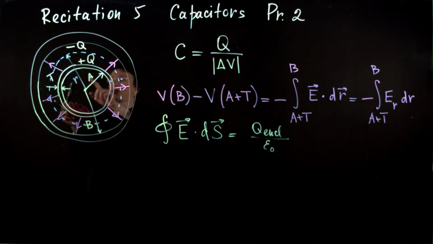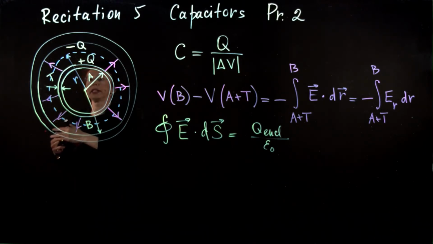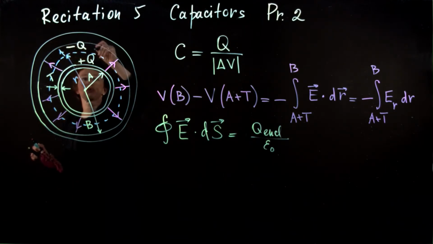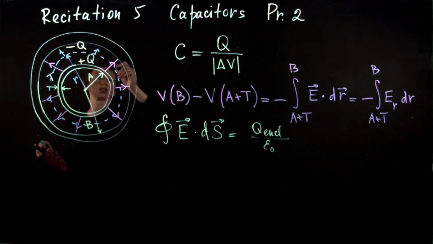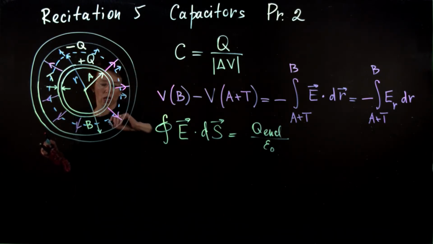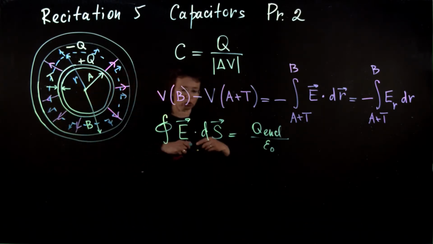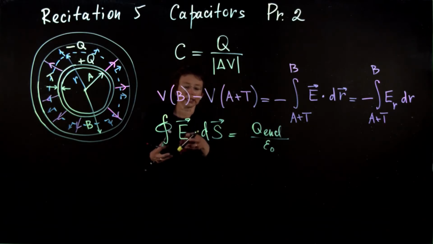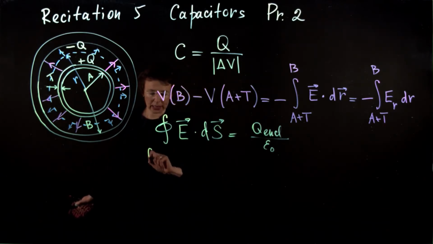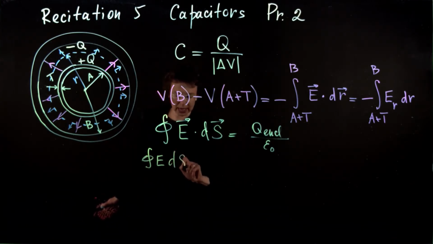The electric field is radially out, and the area vector for this Gaussian surface is also radially out. So the electric field is in the same direction as the area vector, which means that my dot product E dot dS is just the product E times dS.